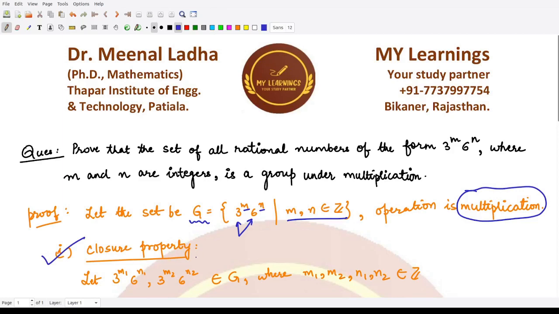For the closure property, if we take any two elements from this set G, let us take the first element as 3 raised to power m1, 6 raised to power n1, and the second element as 3 raised to power m2, 6 raised to power n2, where m1, n1, m2, n2 are members of Z, so basically they are integers.